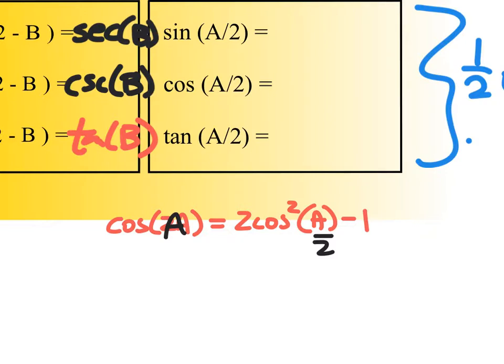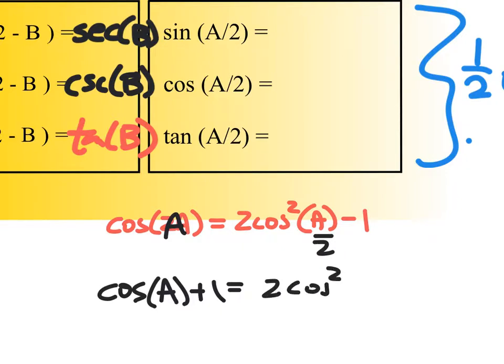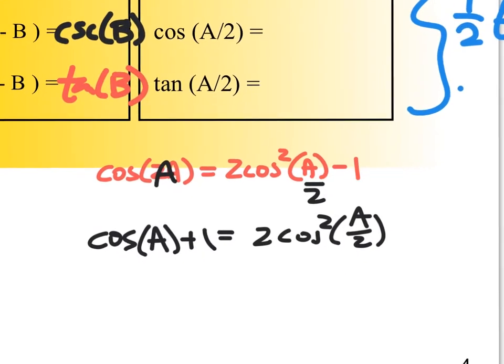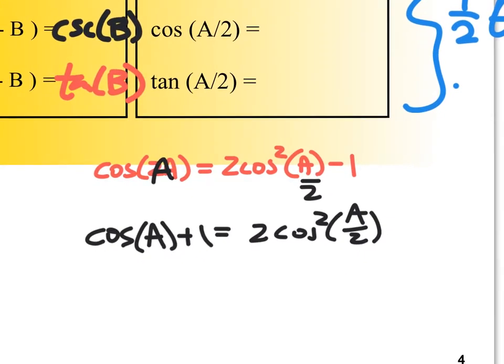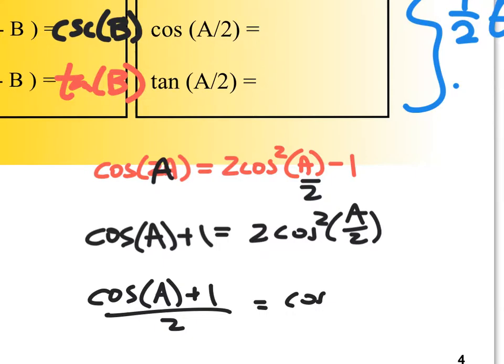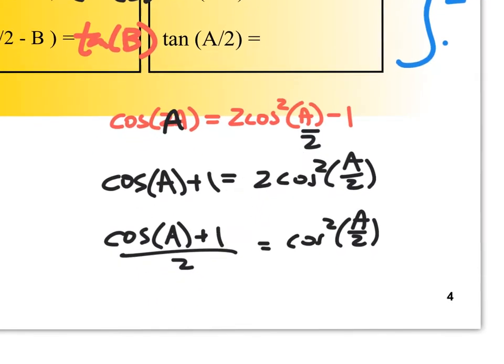What would I do? I'd add 1. So I'd have cosine of alpha plus 1 equals 2 cosine squared alpha over 2. If I kept going, I'd divide by 2, so it'd be cosine of alpha plus 1 over 2 equals cosine squared alpha over 2. I keep going.